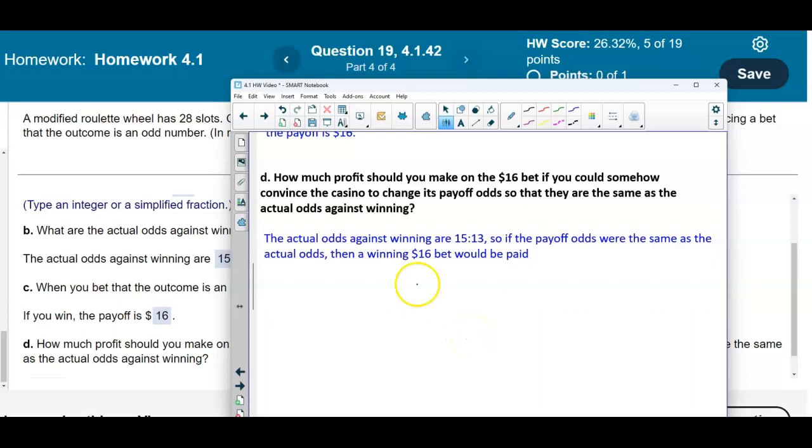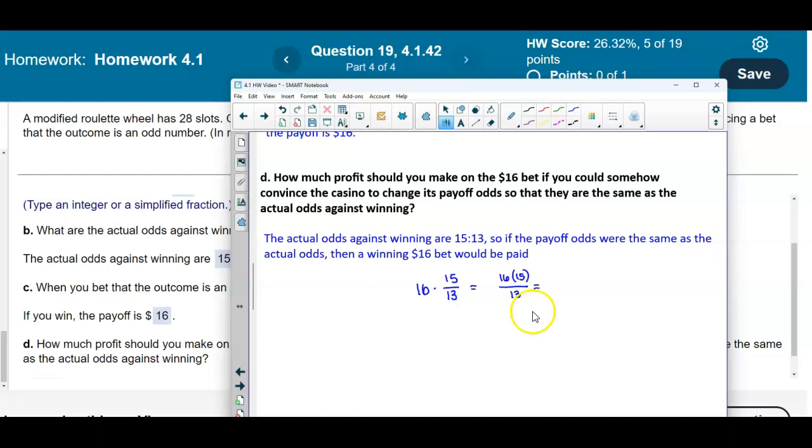We would take 16 and multiply it by the odds, 15 over 13. This is the same as 16 times 15, divided by 13.